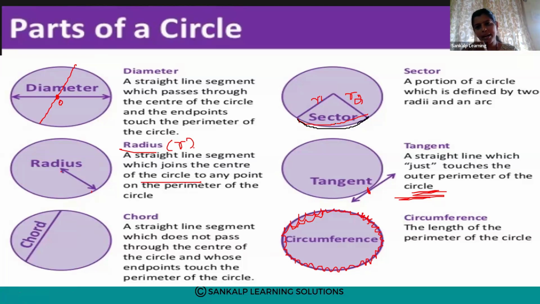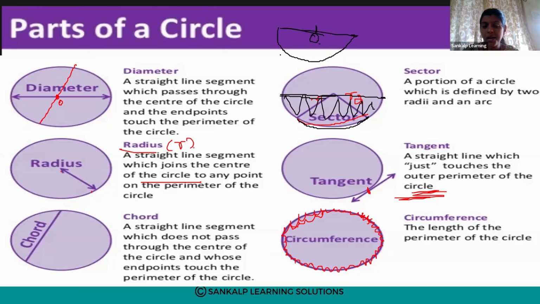If the arc is small, it is called a minor arc, and it is less than the semicircle. A semicircle is like this, with this being the center of the circle.